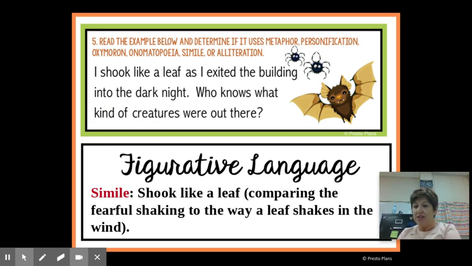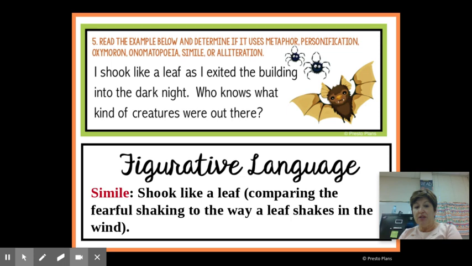The next figurative language device I'd like to show you is simile. A simile is also the comparison of two unlike things, but in a simile, the word like or as is used. Let's look at this example. I shook like a leaf as I exited the building into the dark night. Who knows what kind of creatures were out there?